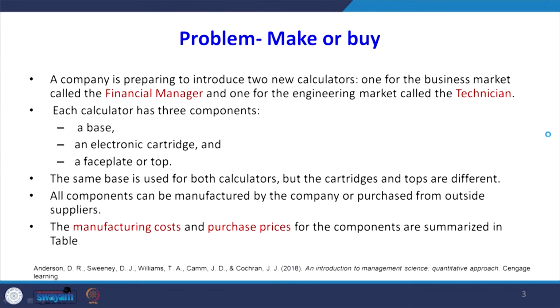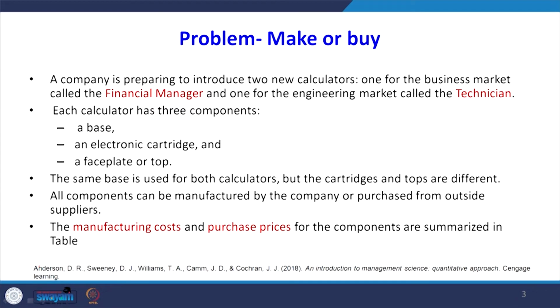The problem is taken from Anderson et al. A company is preparing to introduce two new calculators, one for the business market called the financial manager and one for the engineering market called the technician. Each calculator has three components: base, electronic cartridge and a faceplate or top.